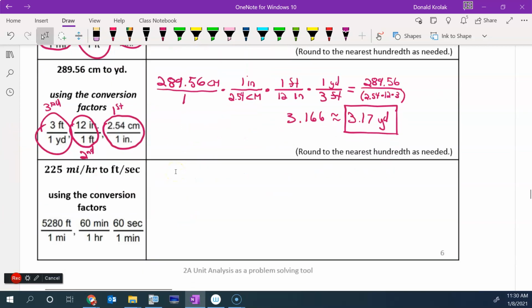Okay, last one. Go from miles per hour to feet per second.